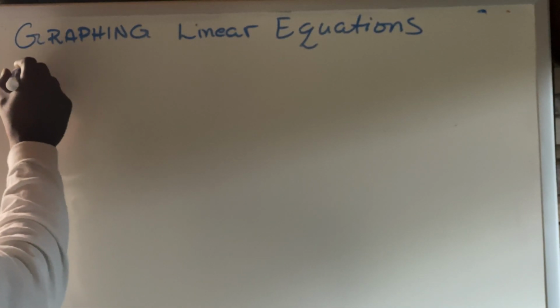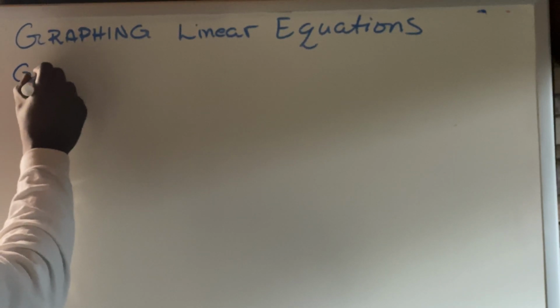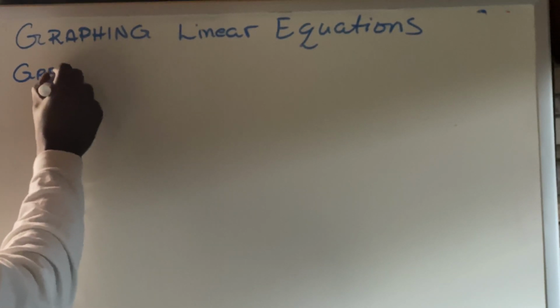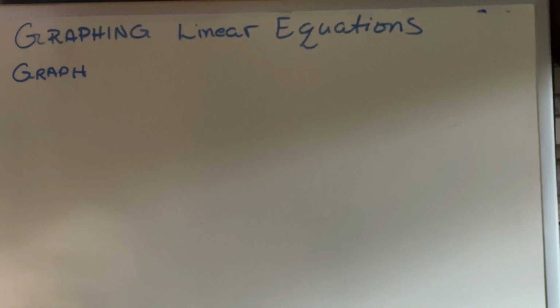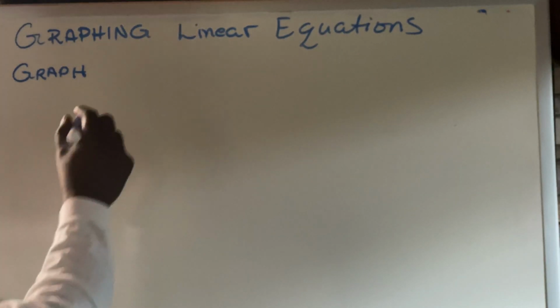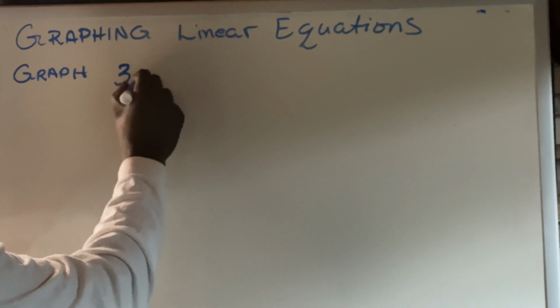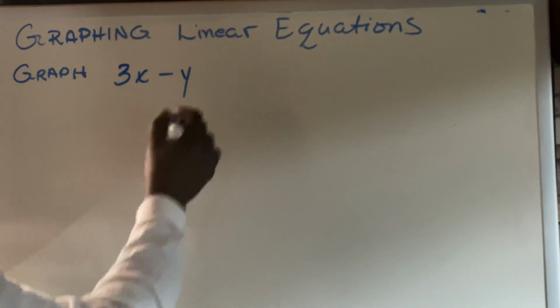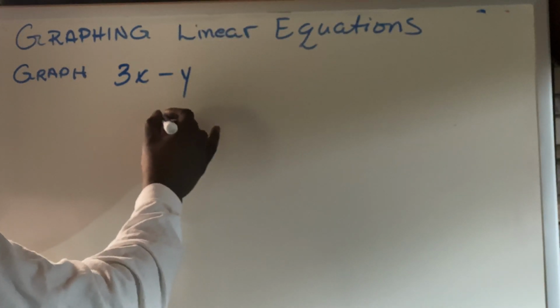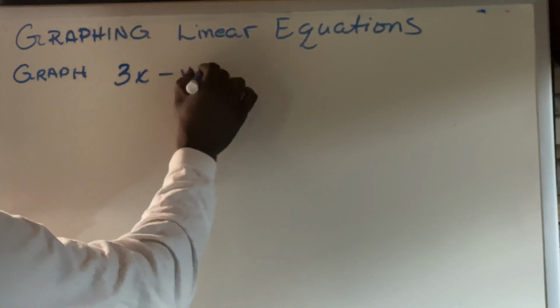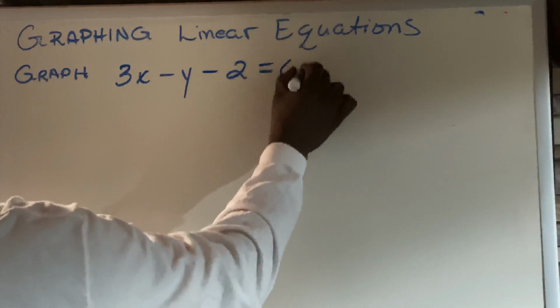it says graph 3x minus y minus 2 equals 0.